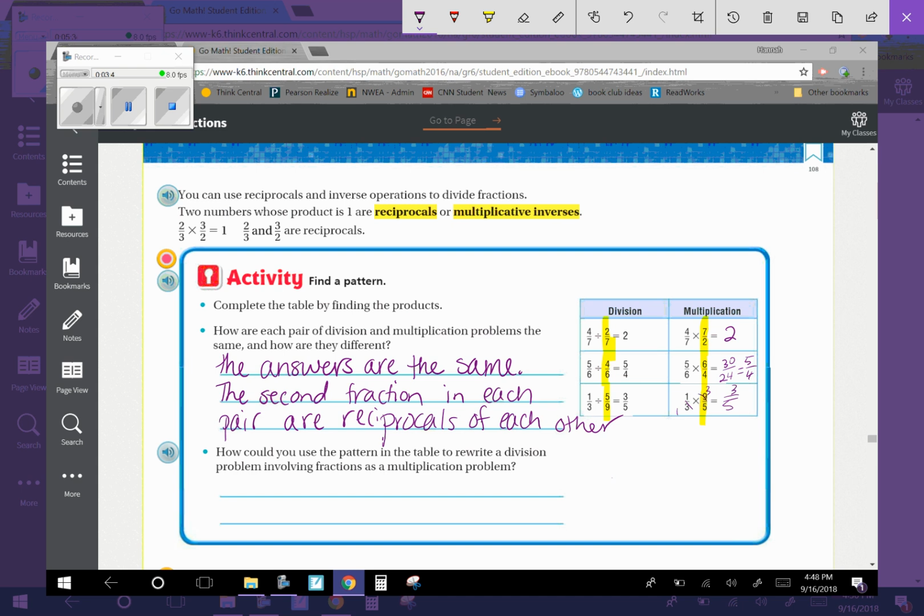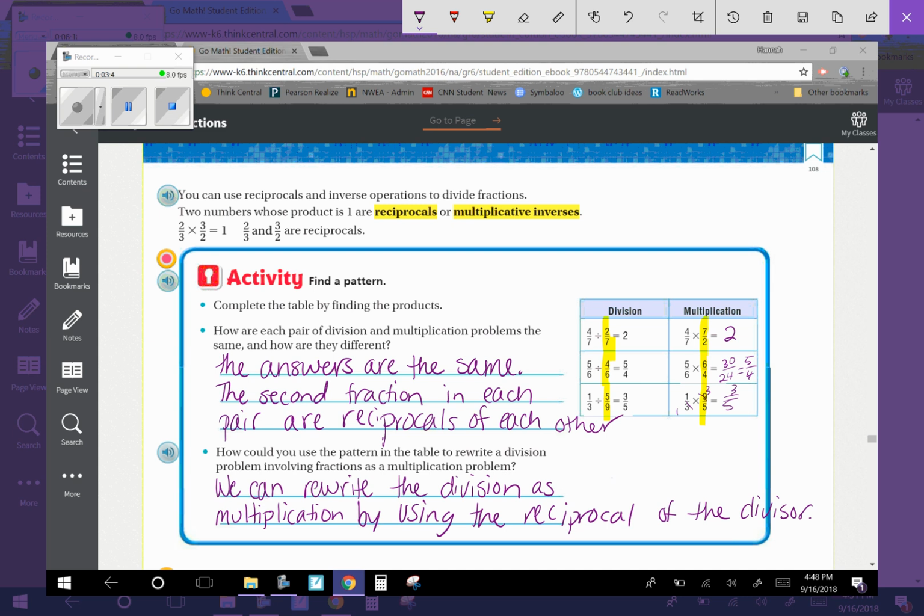So we can write the division as multiplication by using the reciprocal of the divisor.